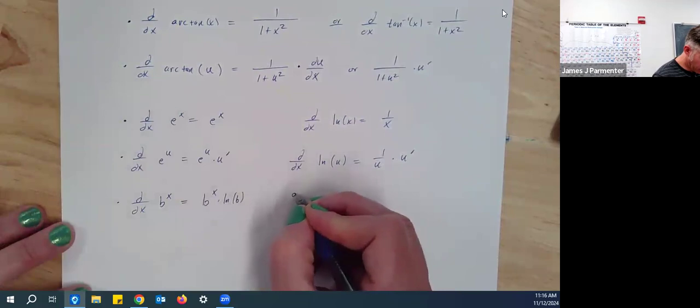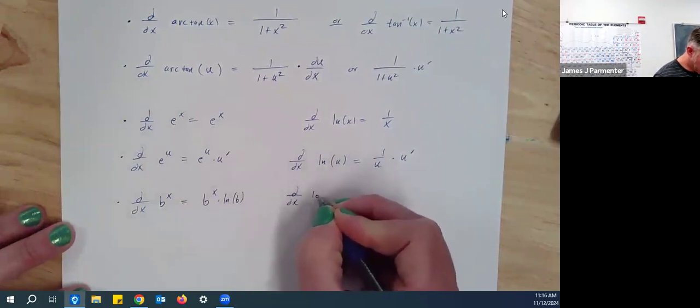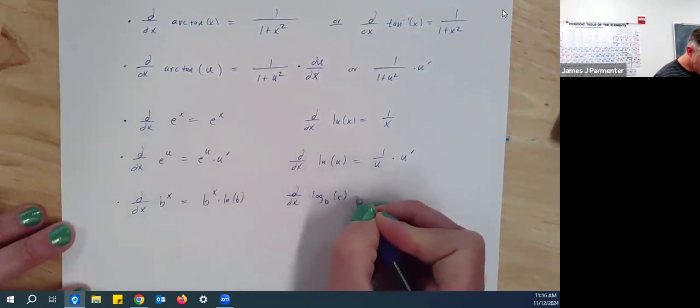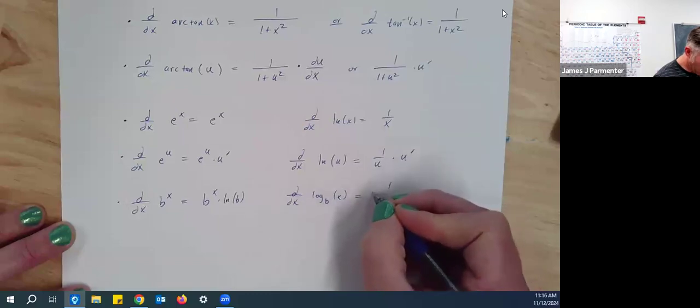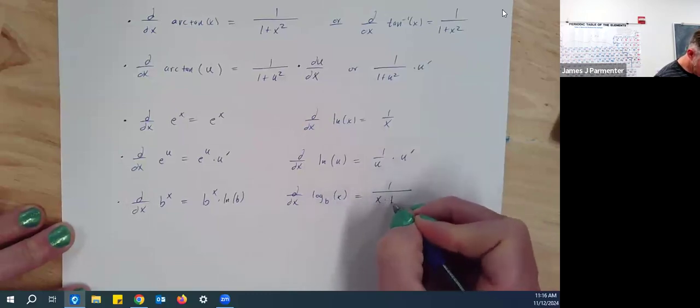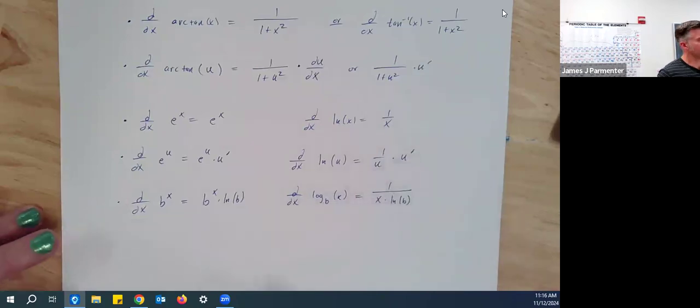And the derivative of log base b of x is equal to 1 over x times the natural log of b. So here's what I always say to myself when I have a different base. For exponential functions, you end up multiplying by the natural log of the base. For logarithmic functions, you end up dividing by the natural log of the base.